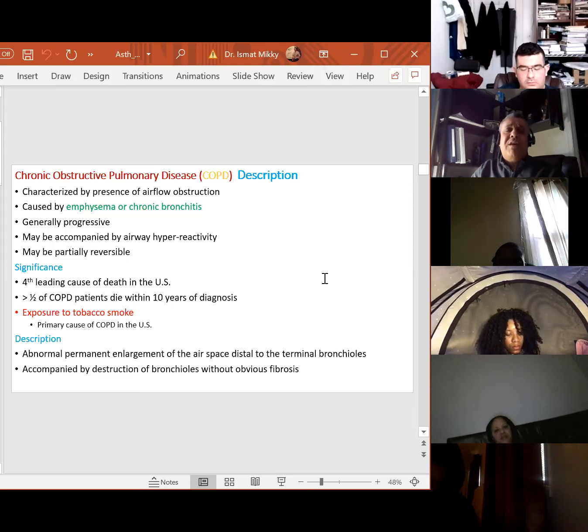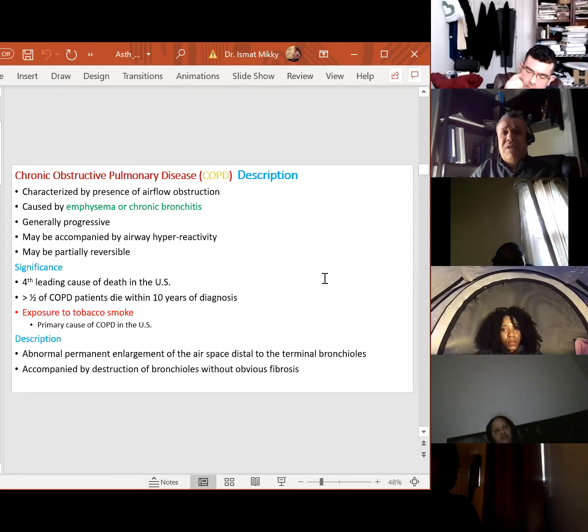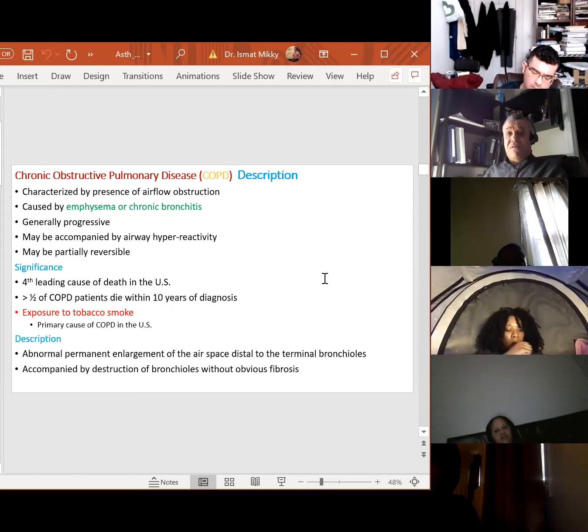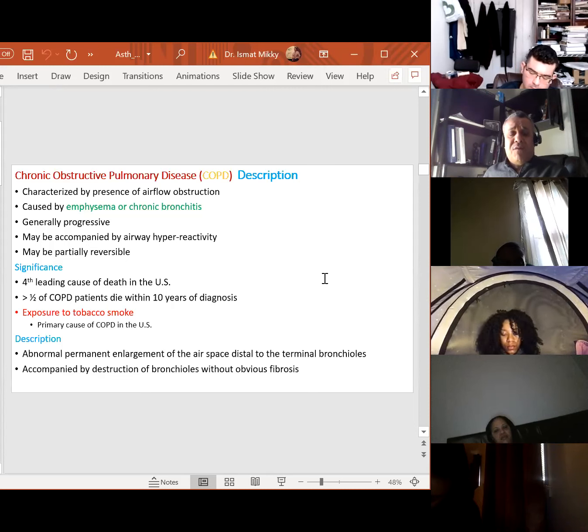COPD would be confirmed with pulmonary function tests. Again, it could affect younger ages, like the 20s and 30s, mostly from heavy smoking or tobacco exposure.